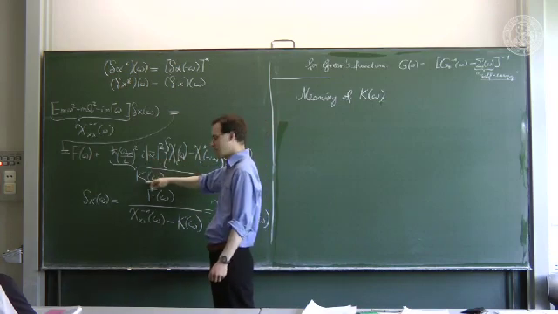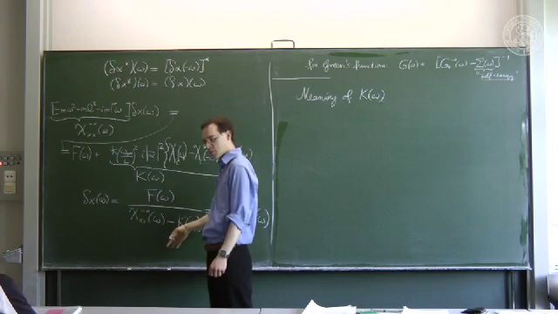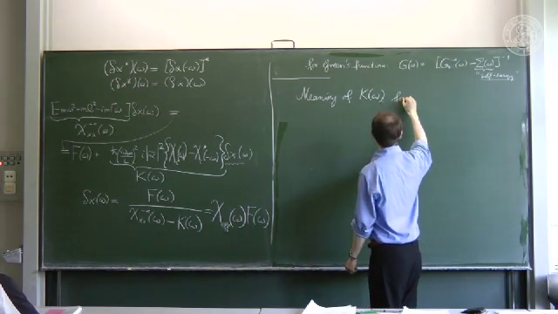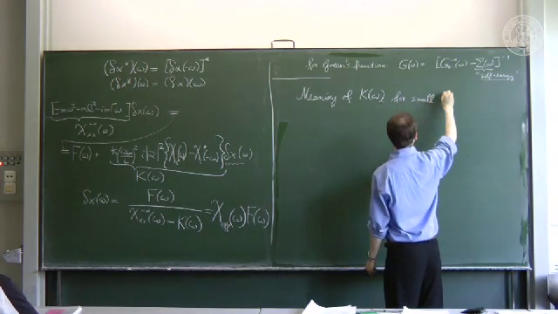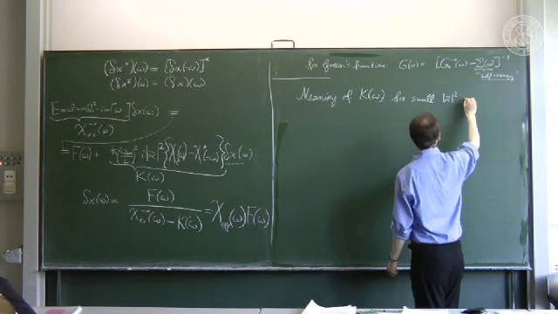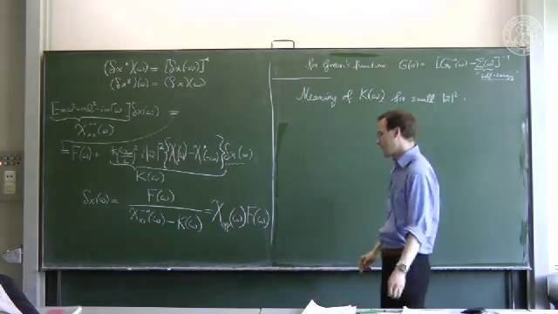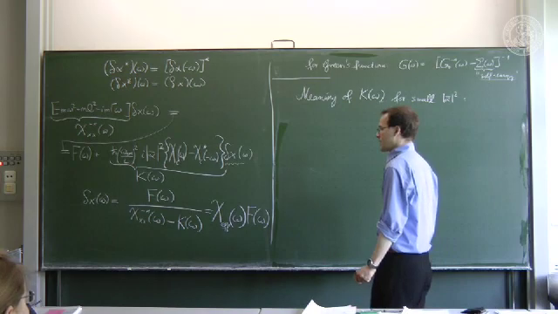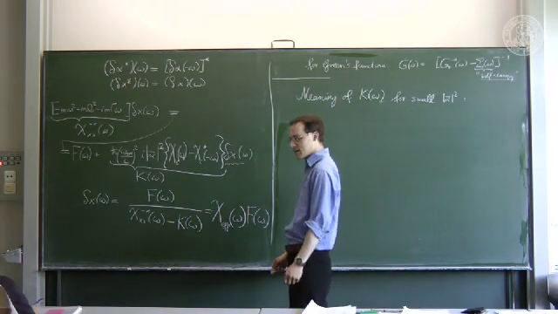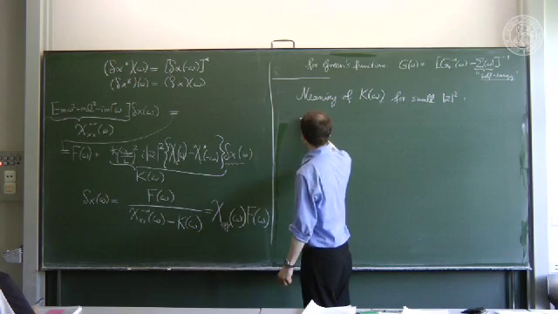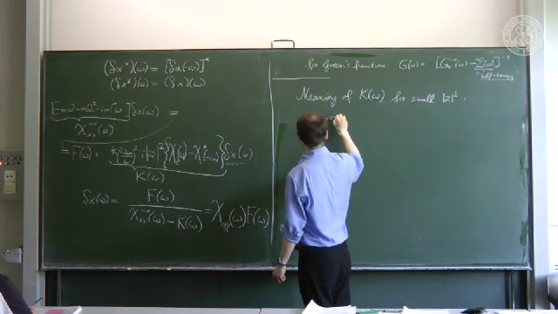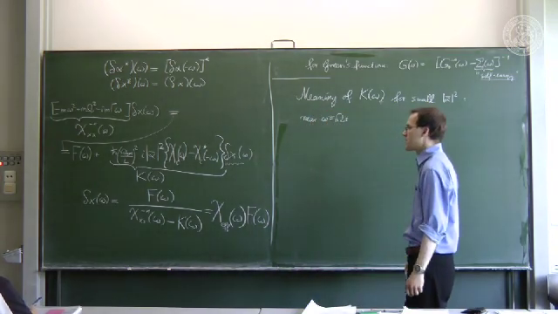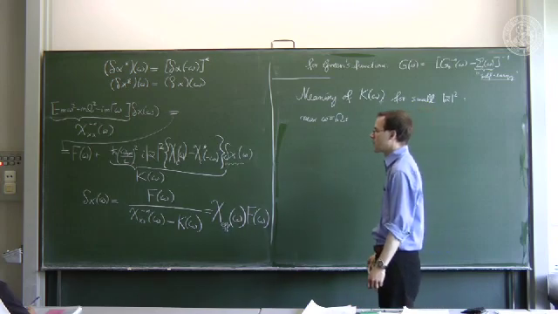If the light intensity is small, capital K is small, so it will be a sort of small correction, and then we can more easily interpret it. And the best thing is to look in the vicinity of the resonance.